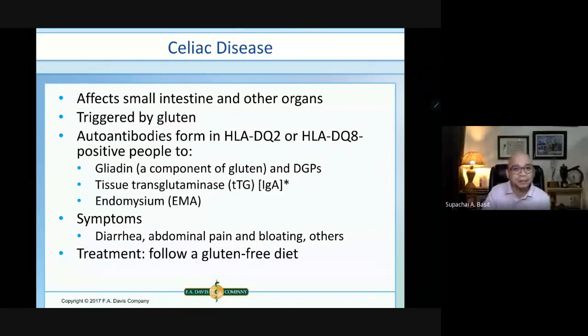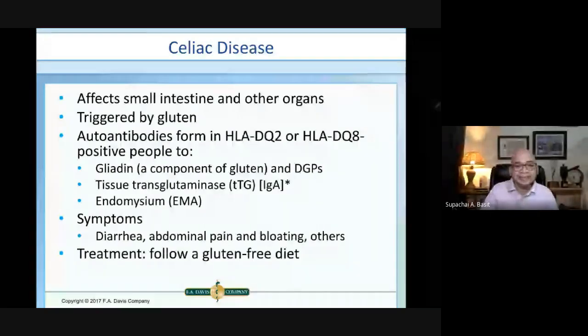So it's another type of autoimmune disease, the celiac disease. So what is celiac disease? Celiac disease affects the small intestine and other organs. Okay, particularly whenever you eat something with gluten.